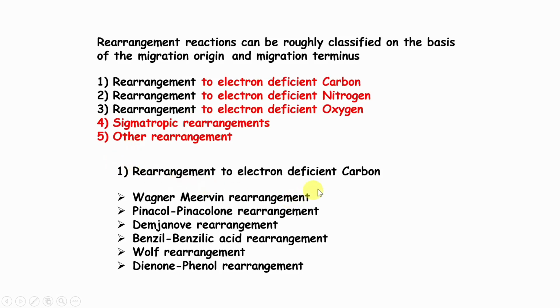Among the rearrangements to electron deficient carbon atom, the important ones are Wagner-Meerwein rearrangement, pinacol-pinacolone rearrangement, Demjanov rearrangement, benzilic acid rearrangement, Wolff rearrangement, and dienone-phenol rearrangement. All these involve rearrangements to an electron deficient carbon atom.